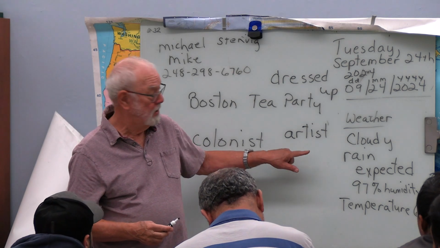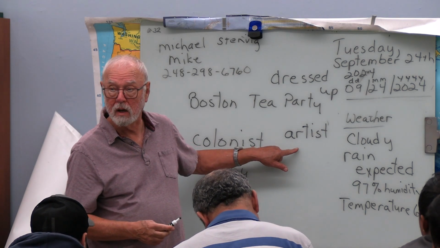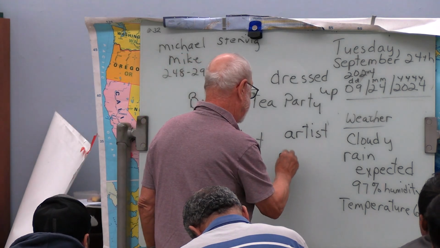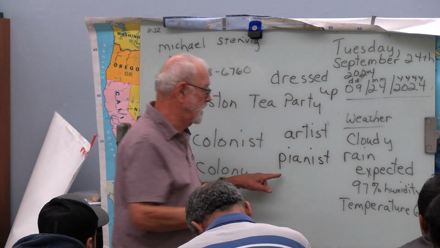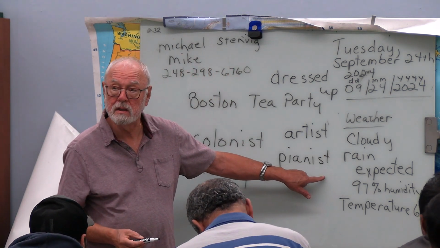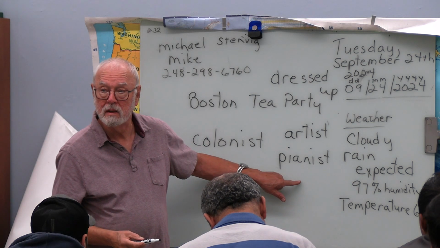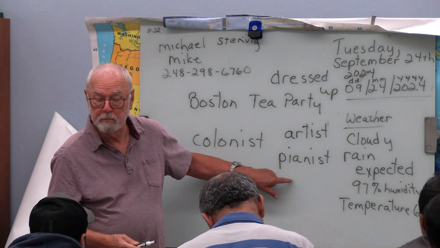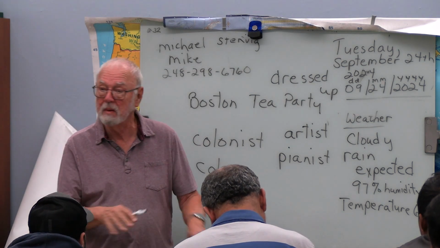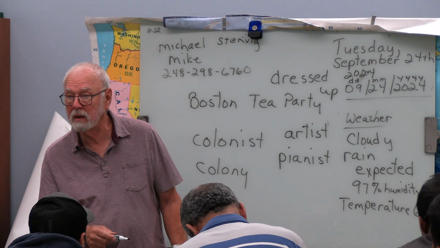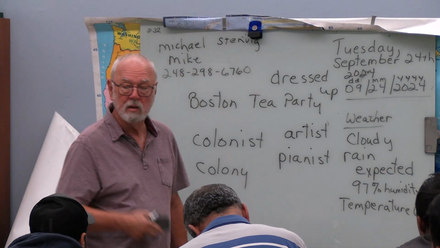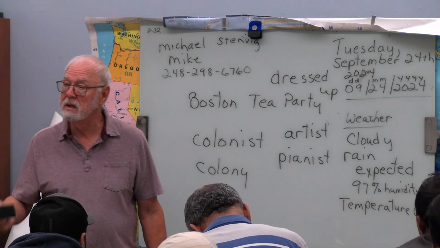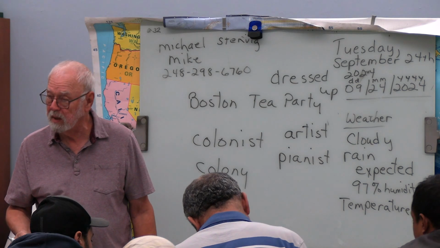Person who makes art. IST. Plays the piano. Okay. IST. Very common suffix showing us what someone does.